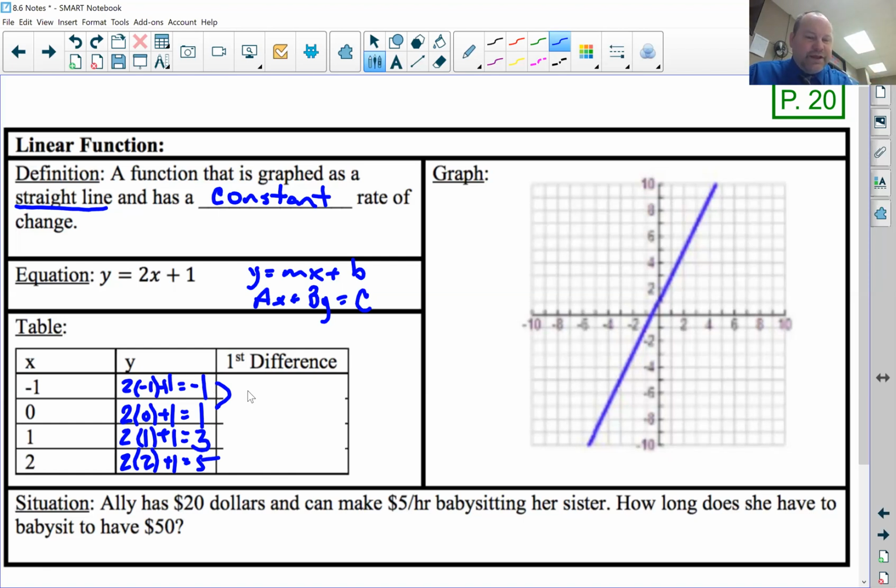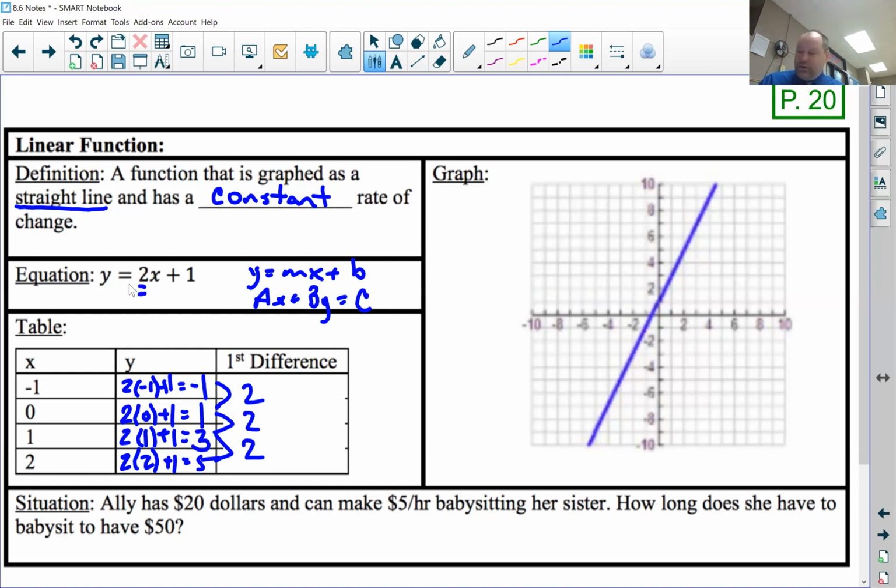So 1 minus -1, that's 2. 3 minus 1 is 2. 5 minus 3 is 2. This is called the first difference. And if the first difference is the same, we have a linear function. As a matter of fact, if you look, the first difference is the same as the slope.